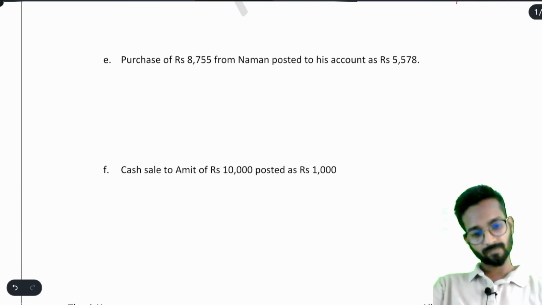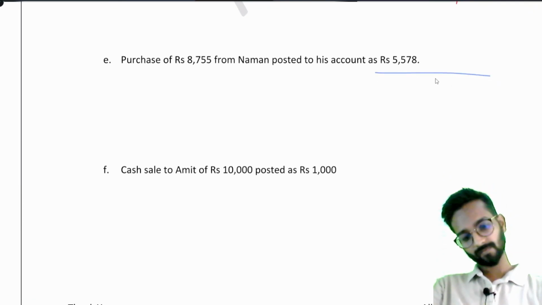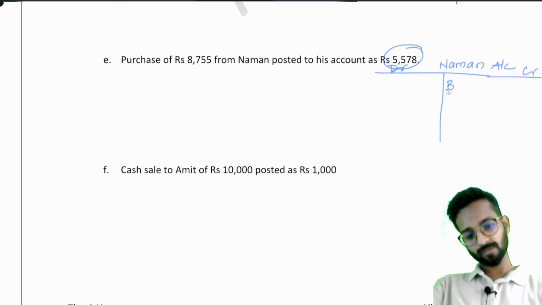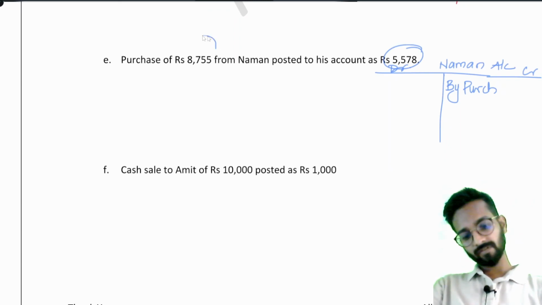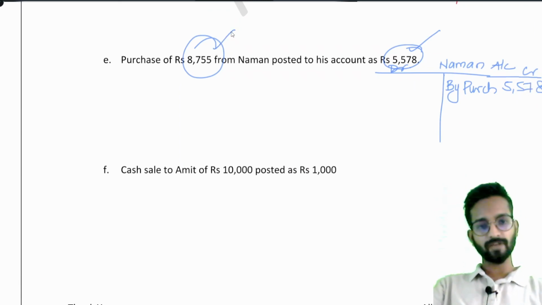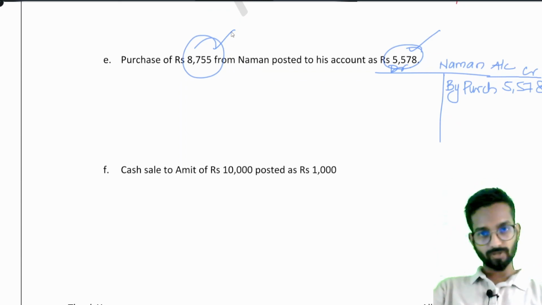Now, purchase of rupees 8755 from Naman posted to his account as 5578. It means, see, this is Naman's account. They are saying we posted to his account how much? 5578. So I was supposed to write here "by purchase" 8755. What did we write? 5578. But sir, we had to write 8755. So I have written a short amount.